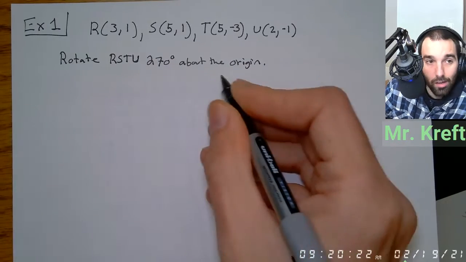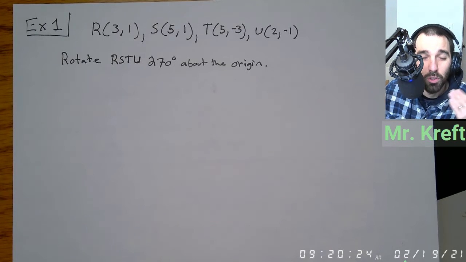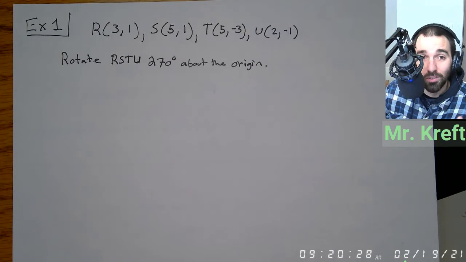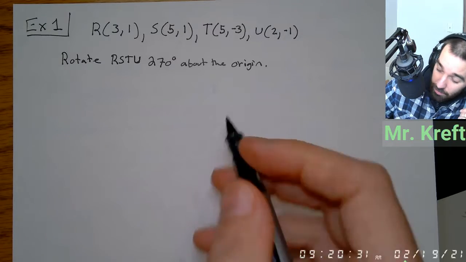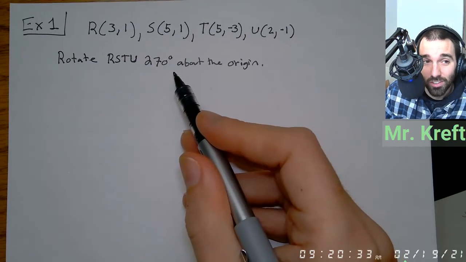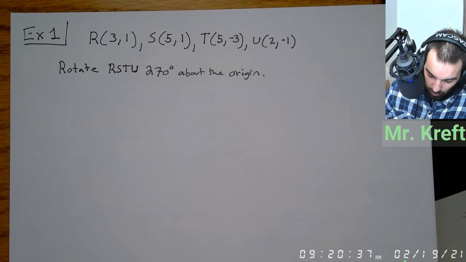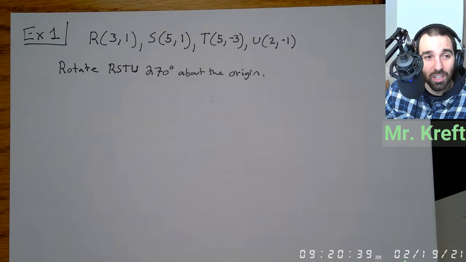Now, notice how it doesn't have a direction. That's because we're assuming everything is counterclockwise. So that's why I started out with that. In fact, it's silly that the book doesn't just assume the origin already, because it might as well. So we're going to rotate 270 degrees about the origin.